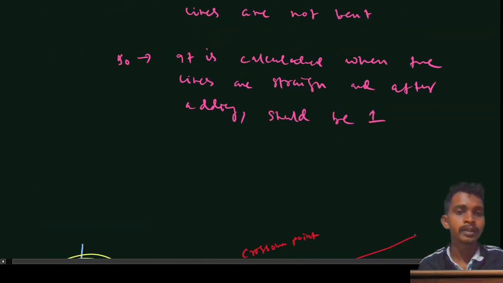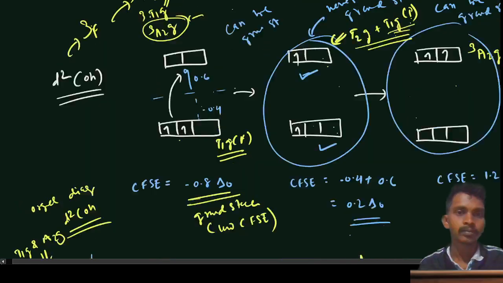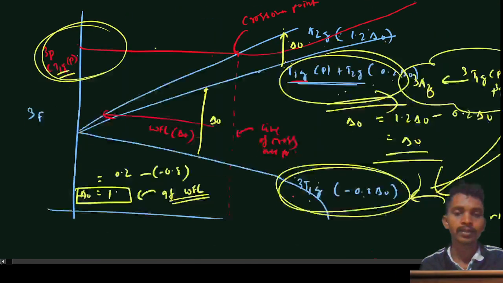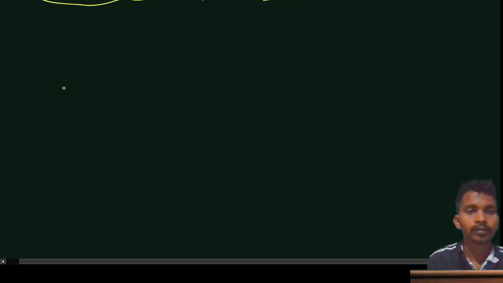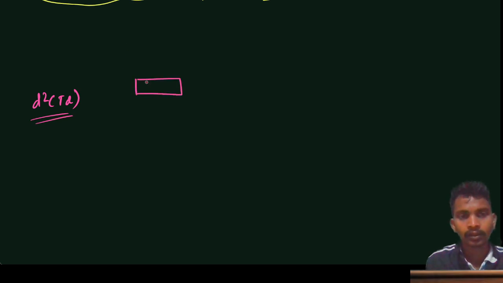Thus we have done D2 octahedral. Now let's go for D2 tetrahedral. We will fill here 3 orbitals and here 2 orbitals. Two electrons are there, 1 and 2.